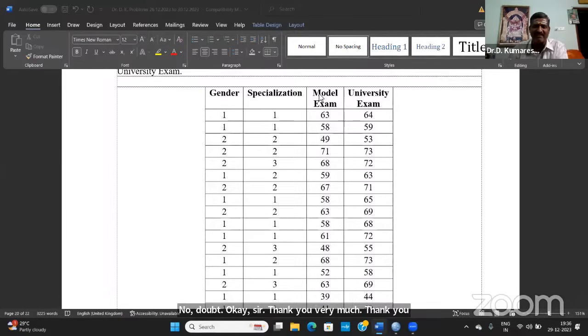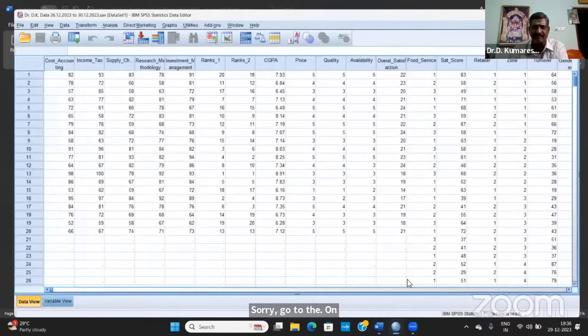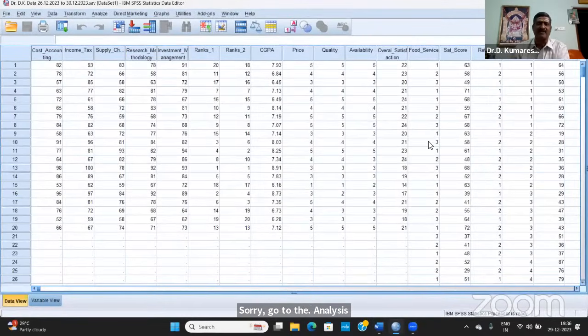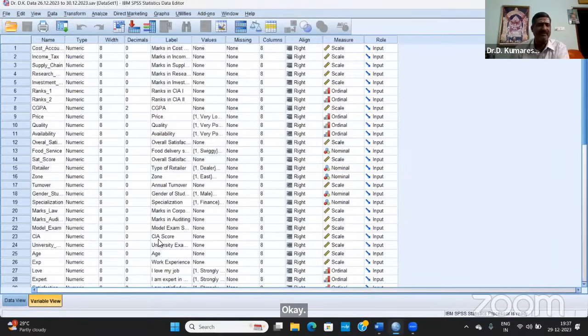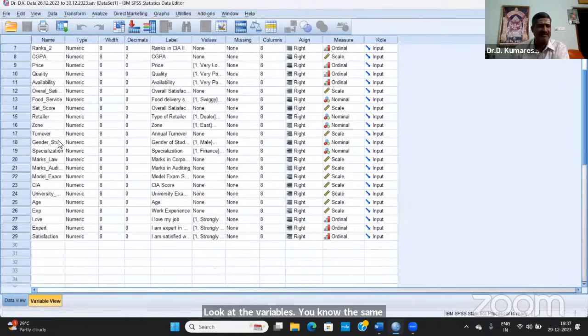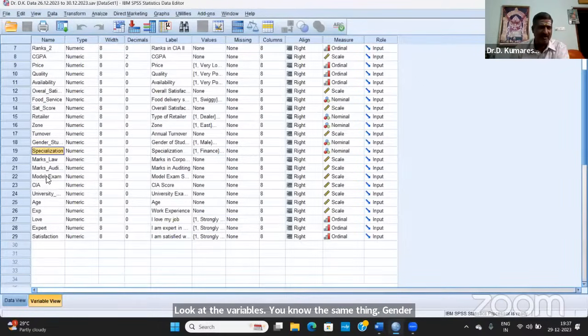So we'll go to the analysis. Look at the variables. You know the same thing. Gender, specialization, marks in model exam and university exam.